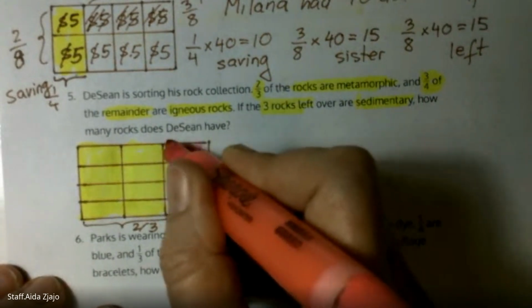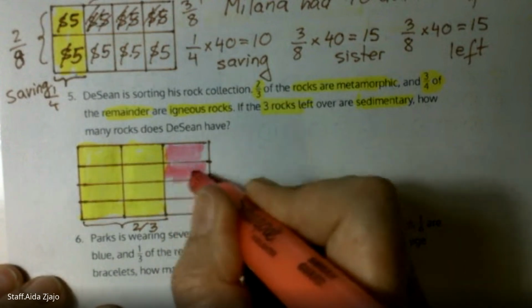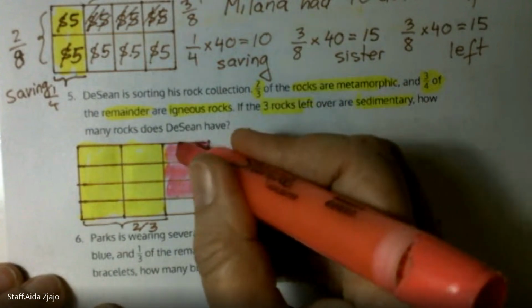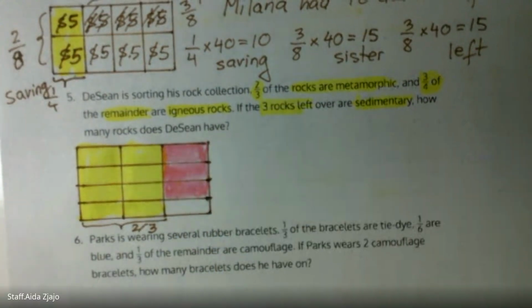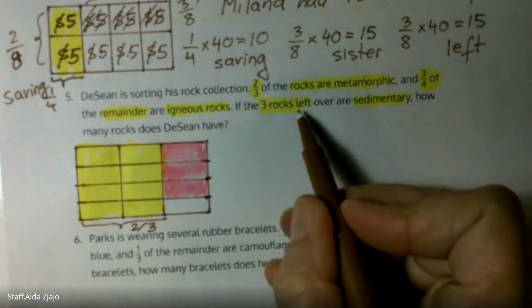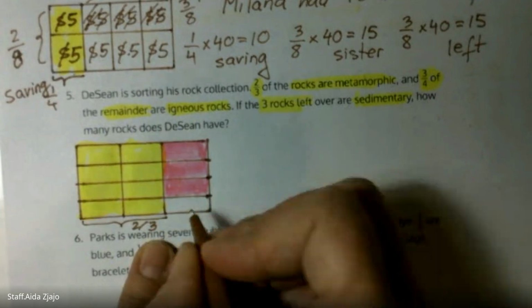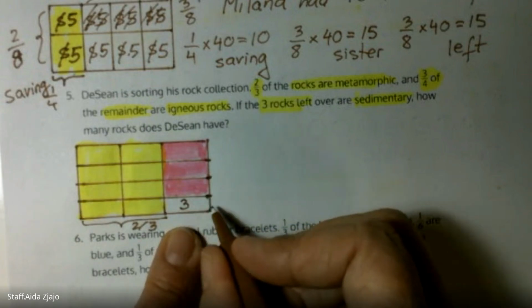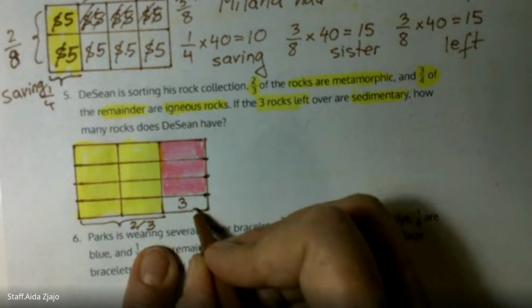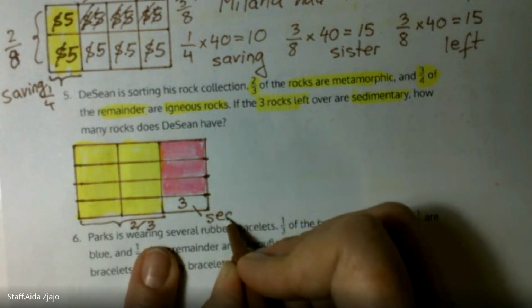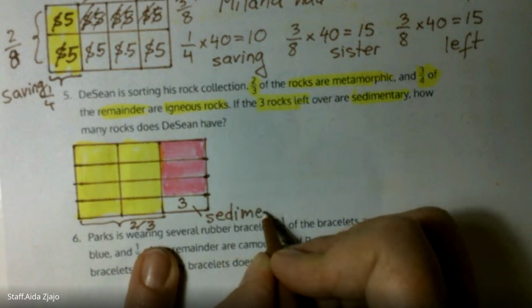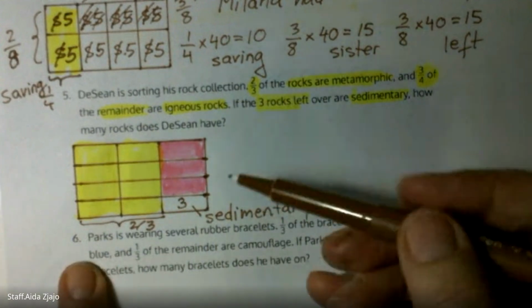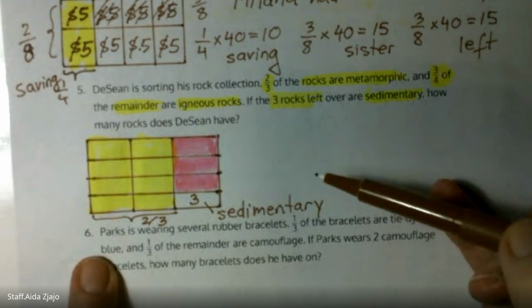So this one and this one and this one are igneous rocks. And then if 3 rocks are left, these are called sedimentary. So these are sedimentary.